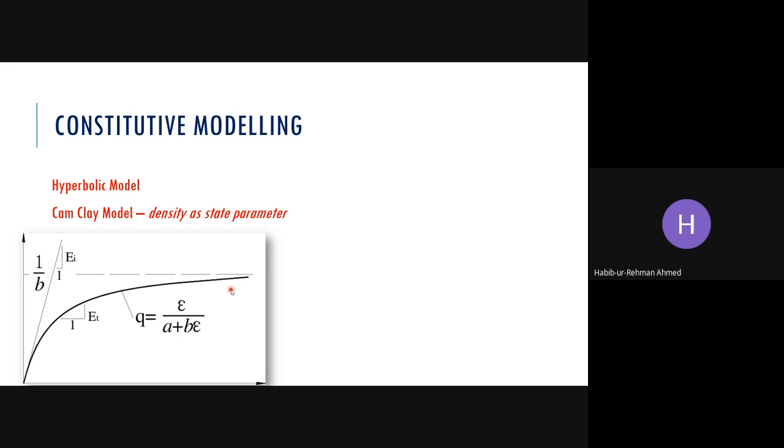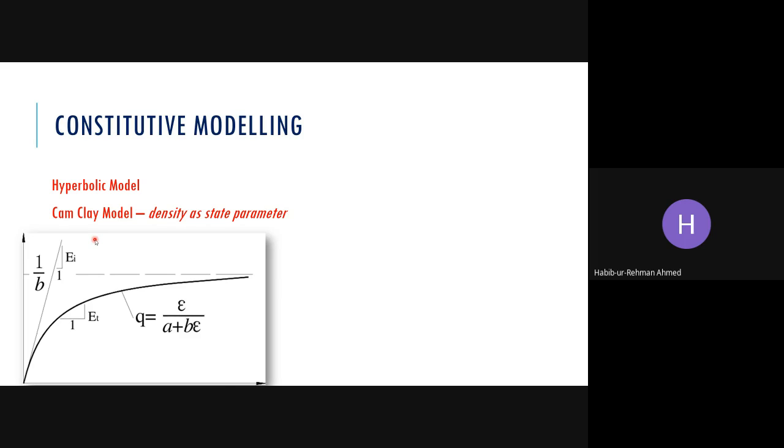So this is also a form of model that is a step ahead of Mohr-Coulomb to define the behavior of soils. But the behavior of soils, as you have seen in the previous slides, is controlled by one more parameter which is not accounted for here. I don't know whether you noticed or not.